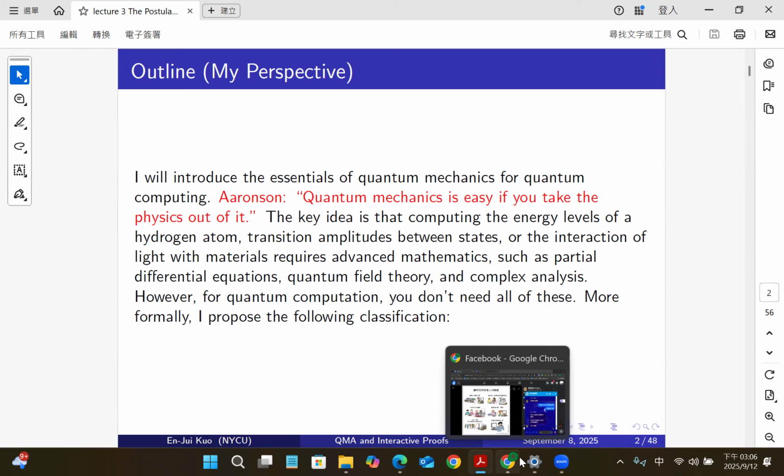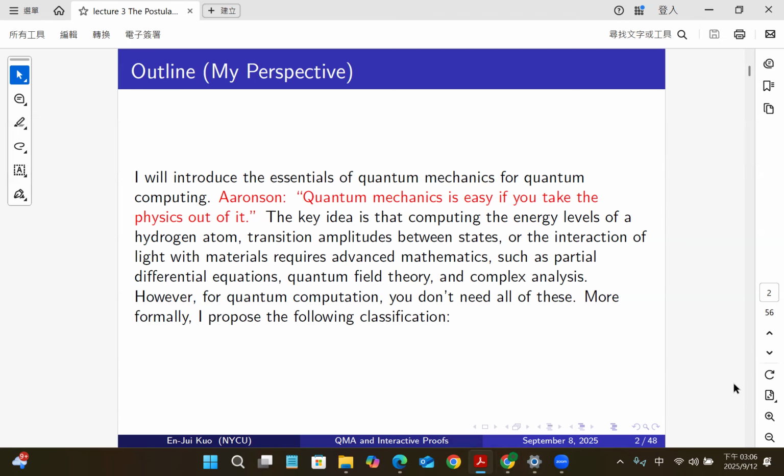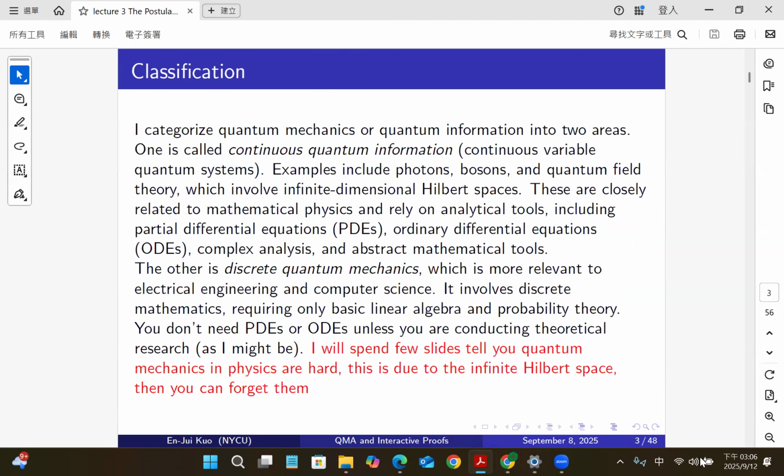Okay. So the reason is that I propose the following classification. I characterize quantum mechanics or quantum information into two areas. One is so-called continuous quantum information, or continuous variable quantum systems.